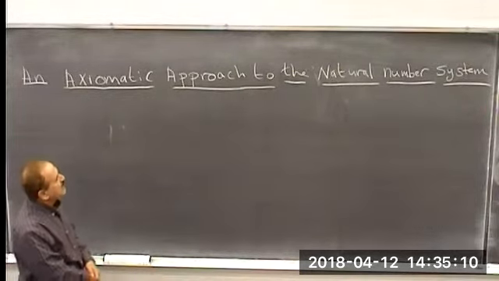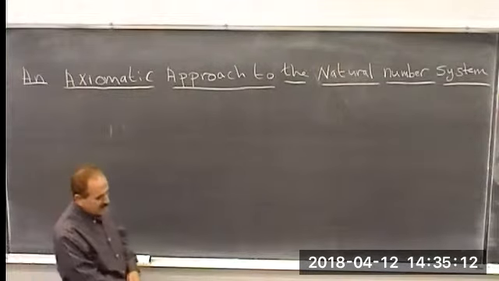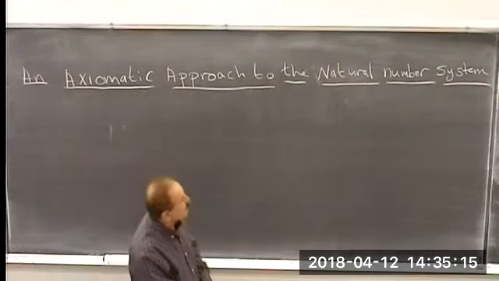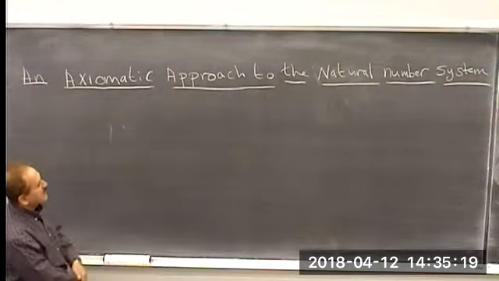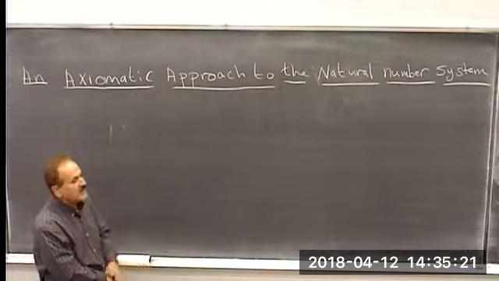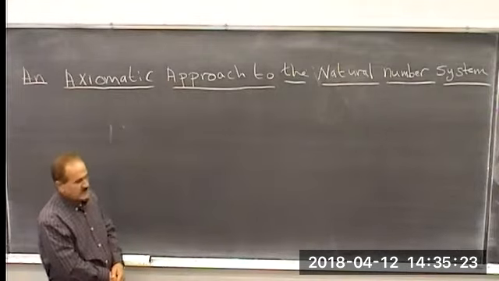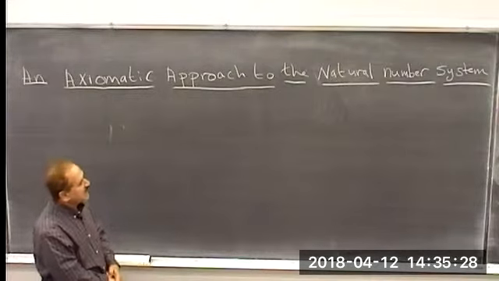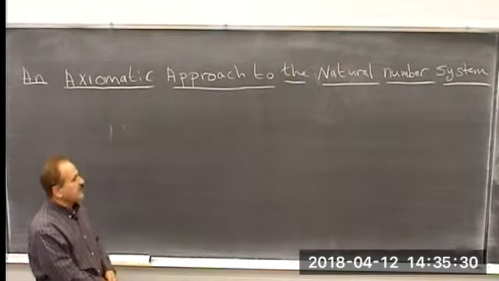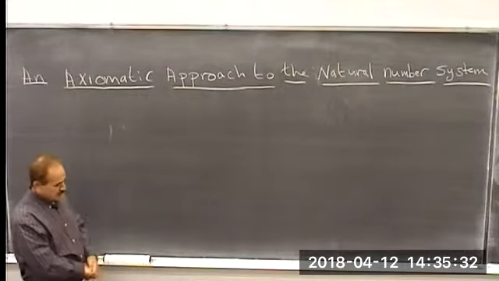All right. For example, you are familiar with the axiomatic approach to Euclidean geometry. We have first of all undefined terms like what is a point, a line, and so on. And then we have some axioms, and from there we define new terms and prove new theorems.